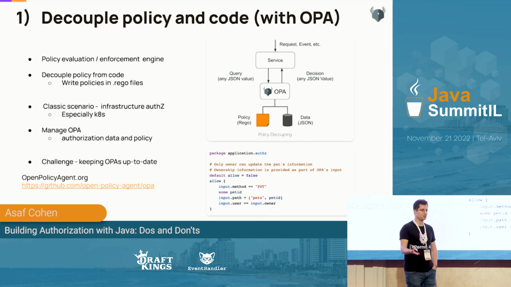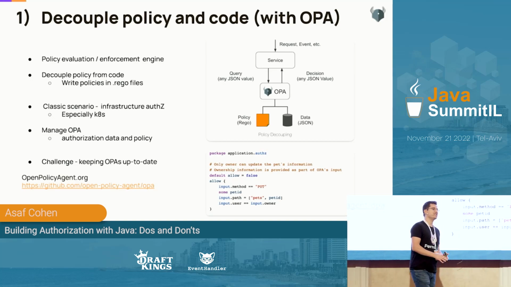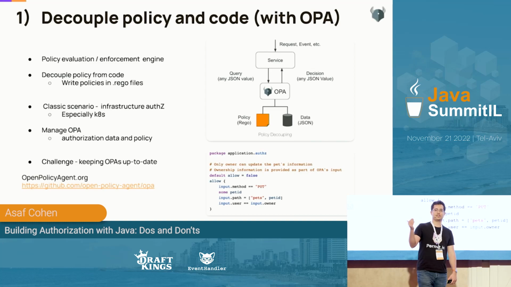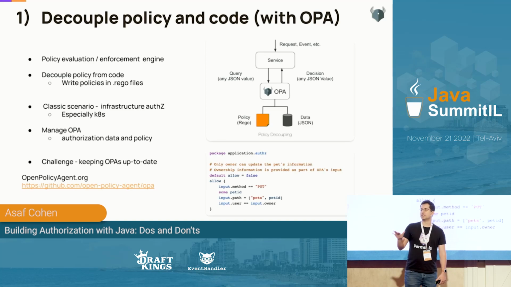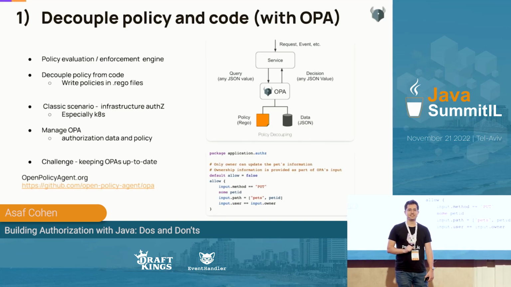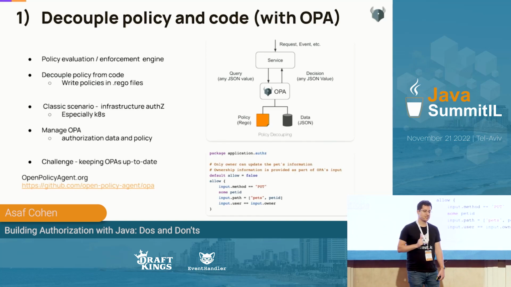So all of you know what Kubernetes is, right? So there's the CNCF, they have all of these cloud native projects. There are about 5 projects that have graduated from the CNCF, so they are on the same maturity level as Kubernetes, and OPA, Open Policy Agent, is one of them.